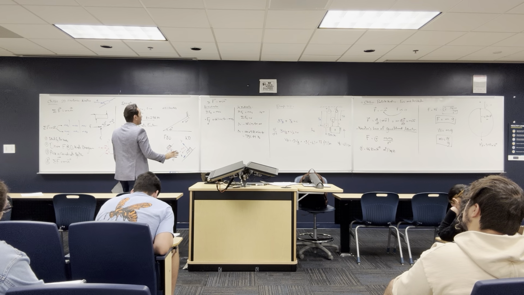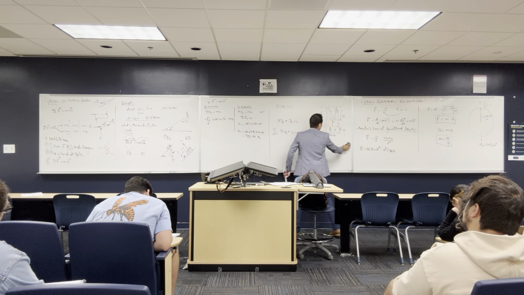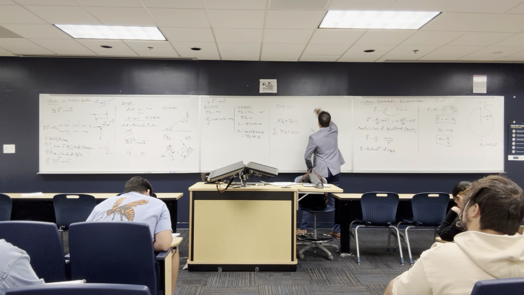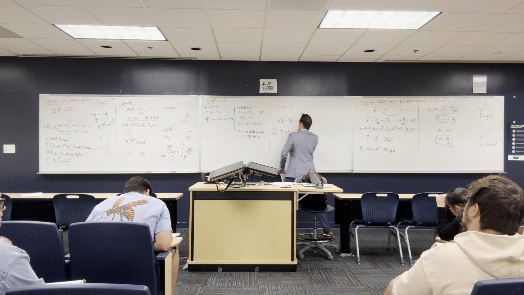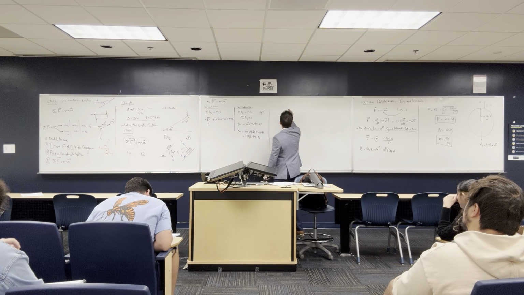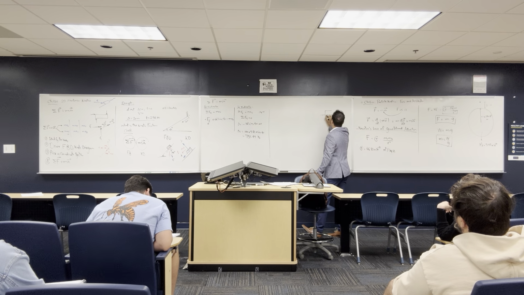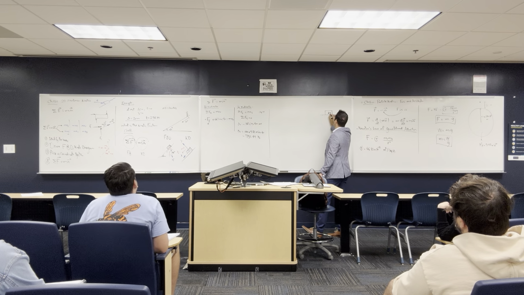Okay, let me go back to the basics. I believe you guys did it in statics. You have a body, and this body is not moving, and this body has a weight W, right?